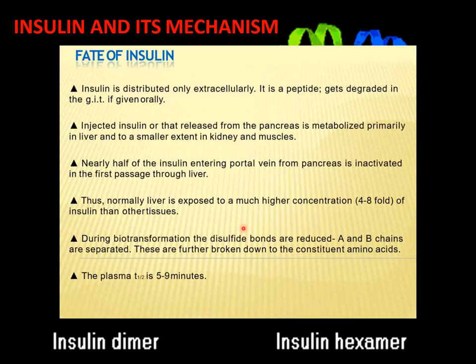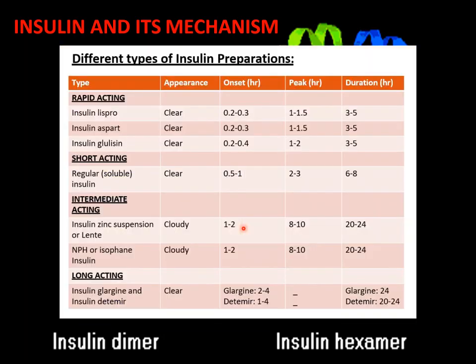The plasma half-life is about 5 to 9 minutes. There are different types of insulin preparation. There are rapid-acting, short-acting, intermediate-acting, and long-acting insulins, and each has a different onset, different peak, and different duration.